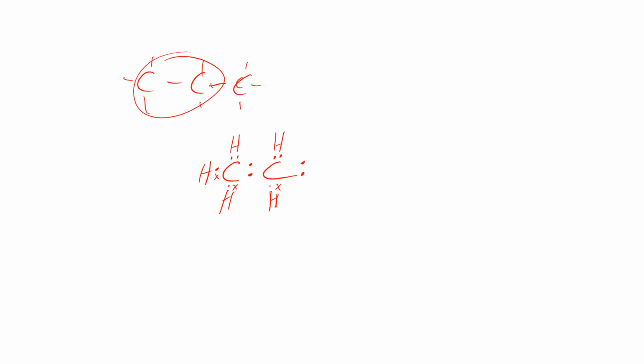The carbons will bond, a strong bond between those. And then 1 electron from the carbon, 1 from the hydrogen, 1 from the carbon, 1 from the hydrogen, 1 from the carbon, 1 from the hydrogen. We're done.